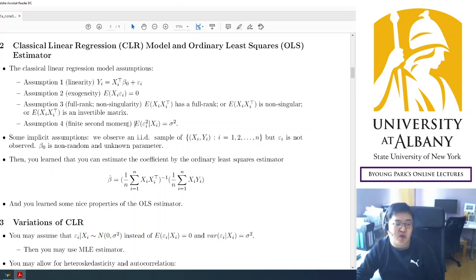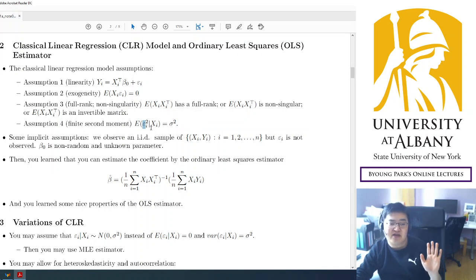The reason why I call this finite second moment is because we have an implicit assumption: that the data are IID. We have IID data, and the I in IID means identical distribution. So the variance of epsilon is the same across all observations.